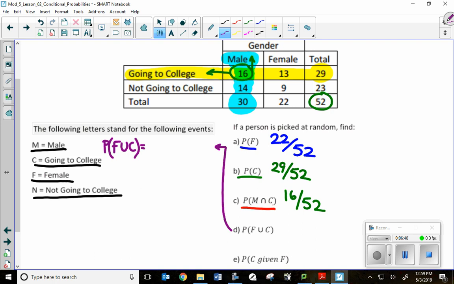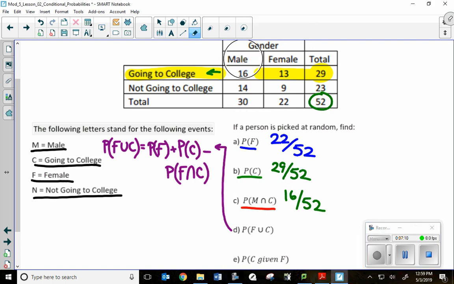That means I need the probability of female plus the probability of going to college minus the probability of female and going to college. I need all three of those pieces, and that's going to give me the probability of female or going to college.